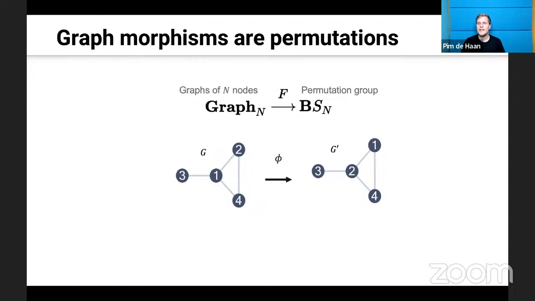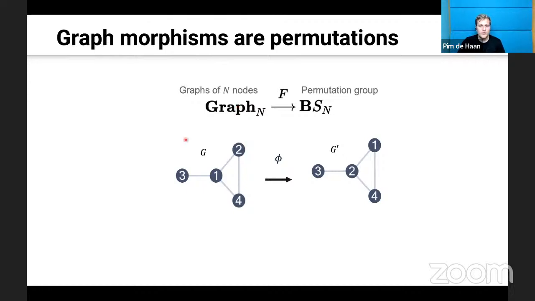Now I would like to relate it a bit to permutation equivariance. And we can do that by thinking of the graphs with n nodes as related to permutations of n objects.